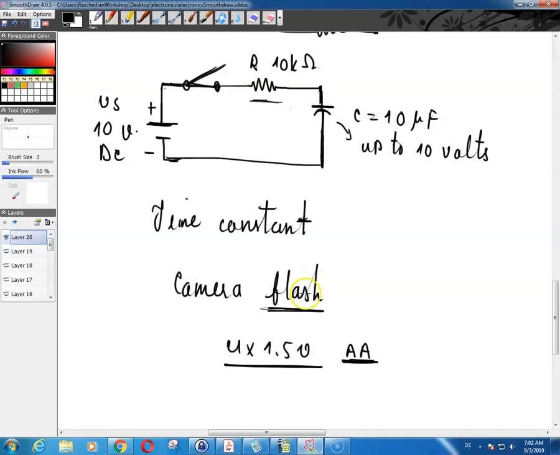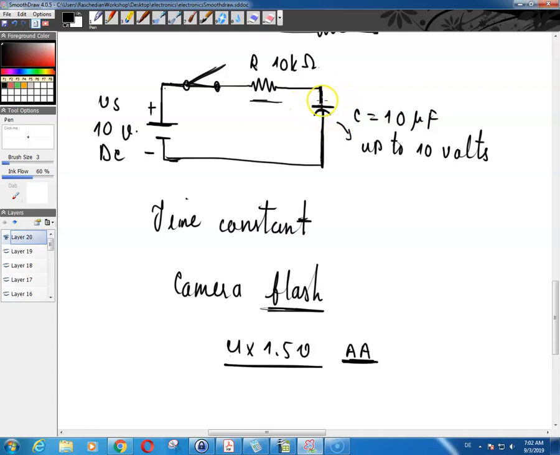When the flash starts charging itself, what's happening inside is that there was usually a big capacitor inside the flash that would start charging. It's going to take that capacitor some amount of time to fully charge.